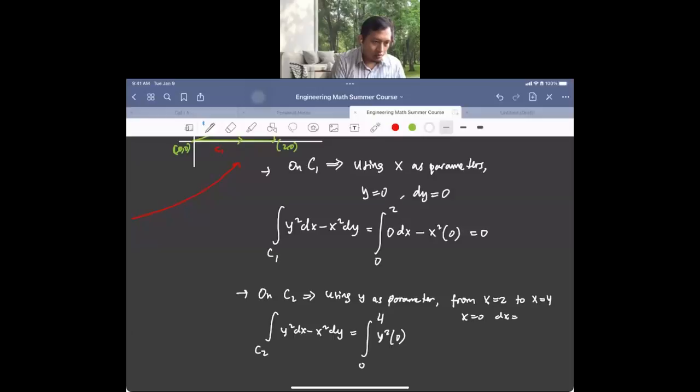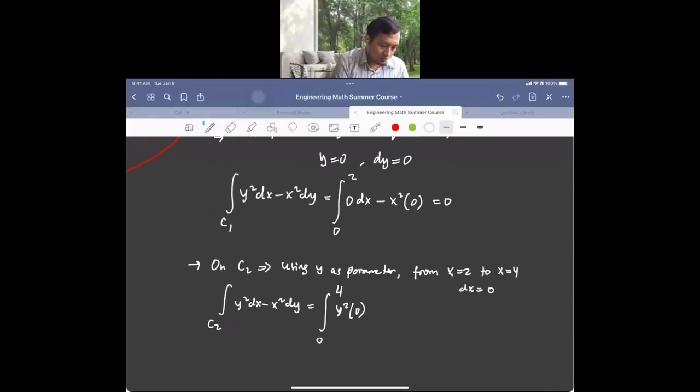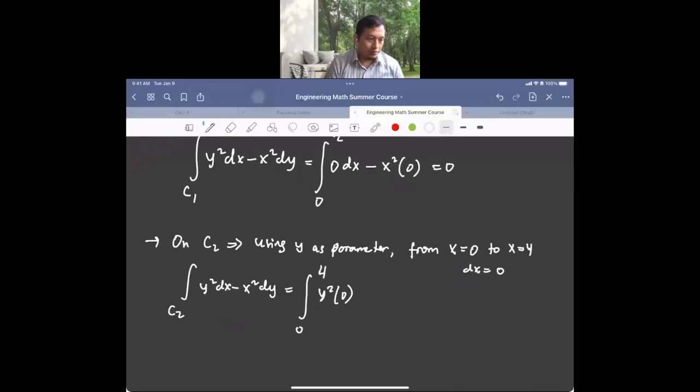So x is constant, so dx is 0. y from 0 to 4, right?